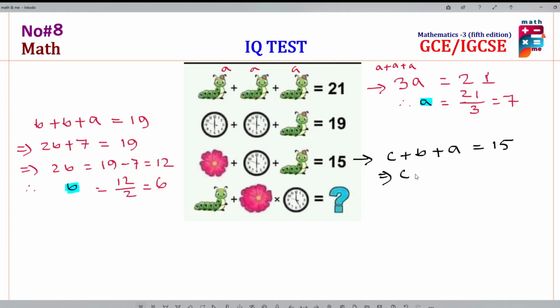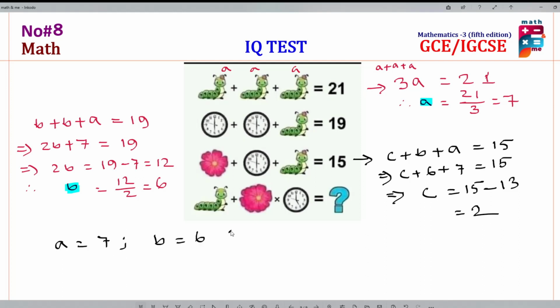So C plus B, we already got 6, plus A means 7, and here is 15. So C equals 15 minus 6 plus 7, which means 13. Exchange 13 and it becomes minus 13. So it is 2. So look, A equals 7, B equals 6, C equals 2.